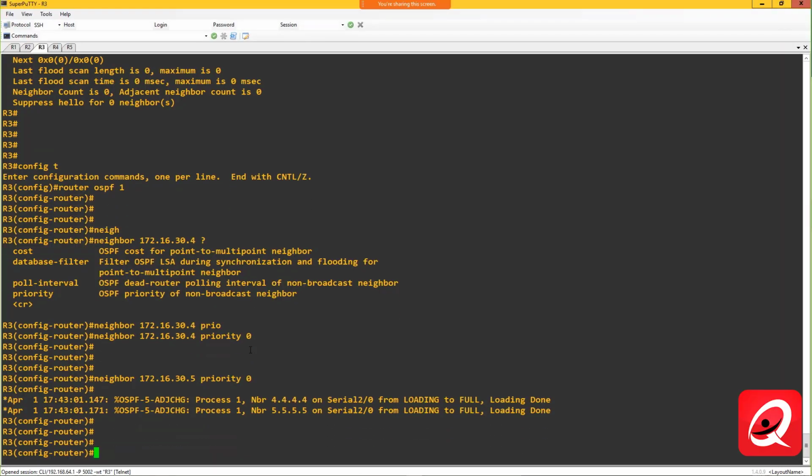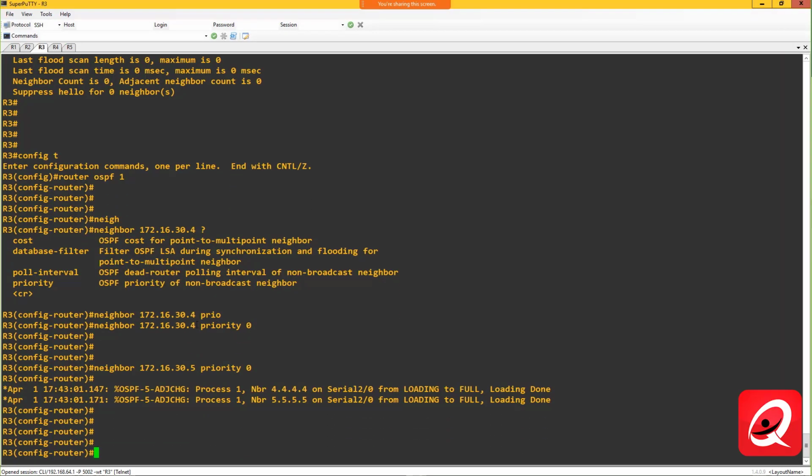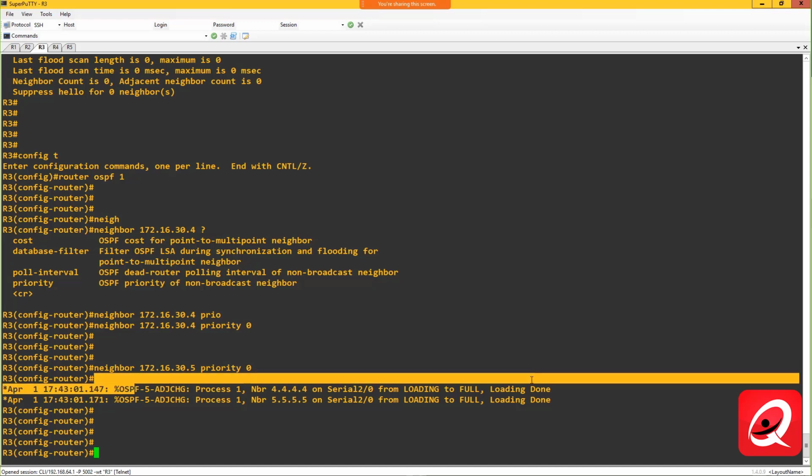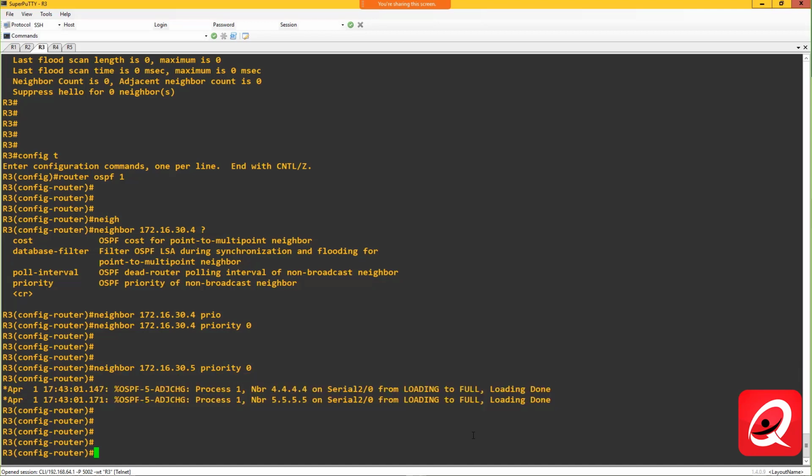All right, so you can see as soon as I define those neighbors, I got my adjacencies between those peers. Which is interesting because I didn't define the neighbors on the other side of the link. Well, OSPF is designed to respond to a hello packet. So router 4 and router 5 received a hello packet from router 3. They know that they need to respond, so they're going to send their own unicast hello because they know where the hello packet originated from, and then we can form our adjacency.